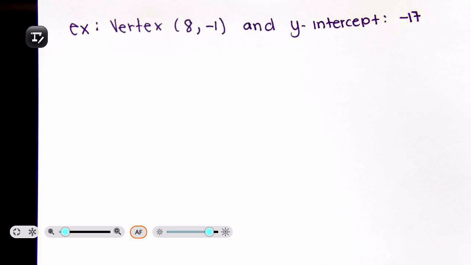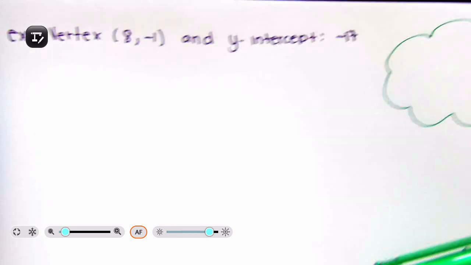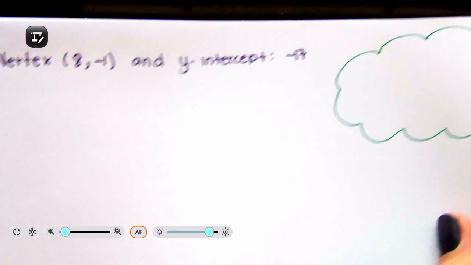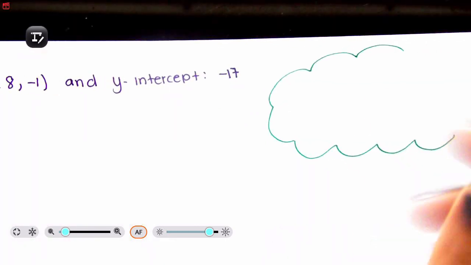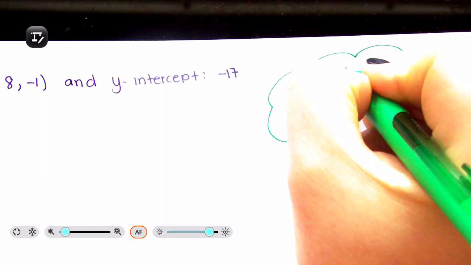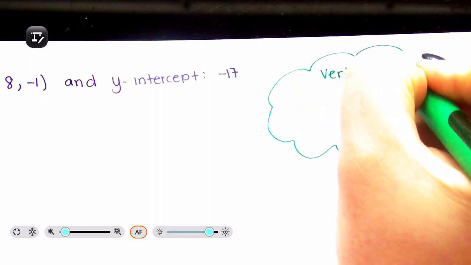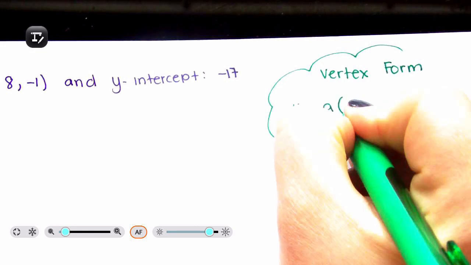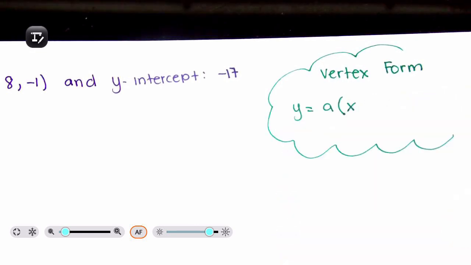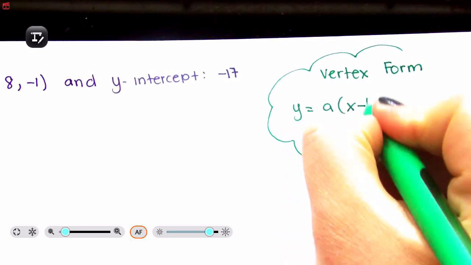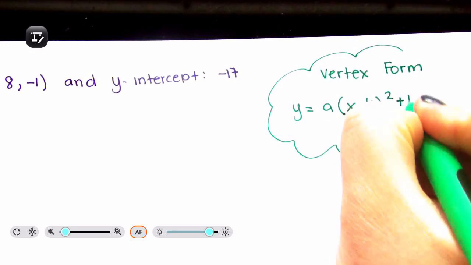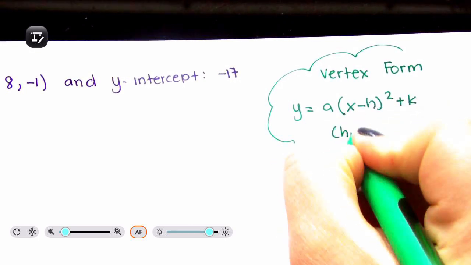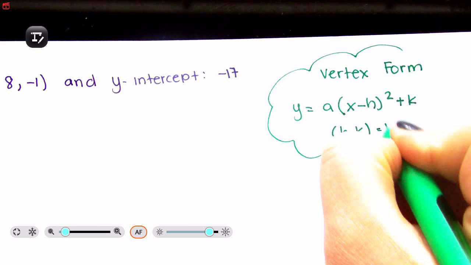One of the forms of the parabola is called the vertex form, and that equation is y equals a times (x minus h) squared plus k, where h, k is your vertex.